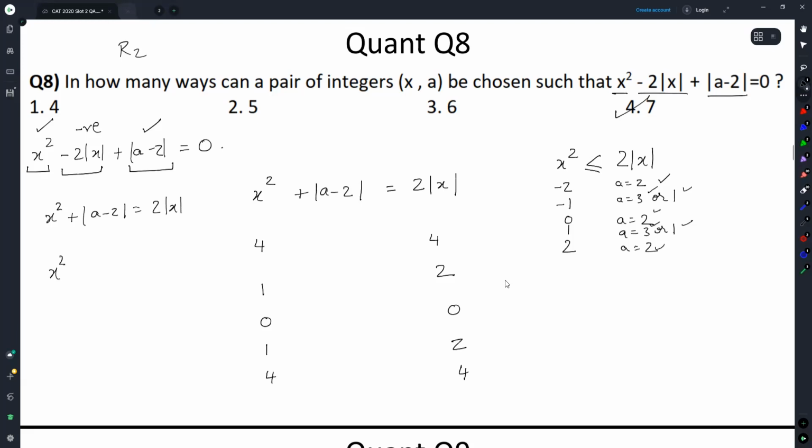Can I say x square has to be less than or equal to 2 mod x? It has to be less than that, because right now, whatever pairings I had to make, I had no head or tail of what to take as x or what to take as a. I was trying to define some limit by which I can list down these are the cases for x that I have to check, or these are the cases for a that I have to check. I don't have to check anymore. Once I reach this place, x square is less than 2x, or x square is less than minus 2x. These are the two possibilities that turn out.